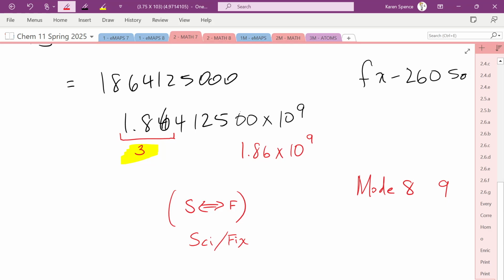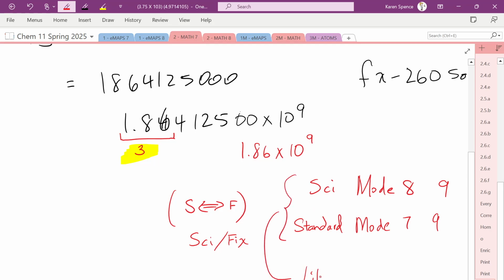And then, let's see, mode 7? No. I love this little calculator though. It's like $10 on sale. So you can't really go wrong.